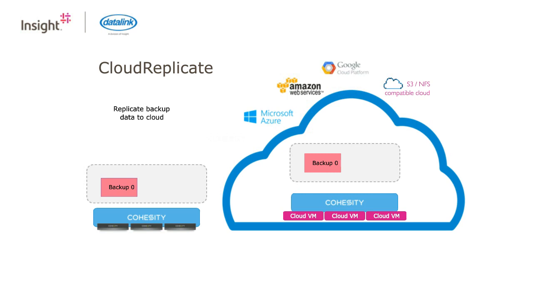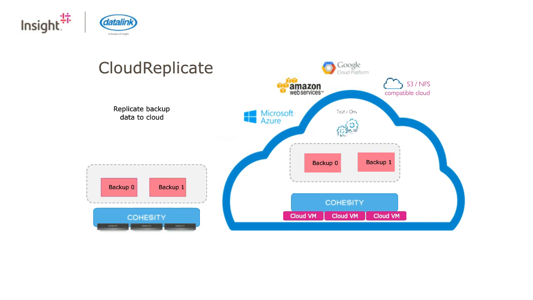Again, this is a little different than long-term archival because I'm not just using it as an object store, but actually using it to replicate data that already exists on-prem. And the nice thing is, because I'm running the Cohesity software natively inside of the cloud provider, if there's a disaster, I can use it for business continuity to bring DR up in the cloud.